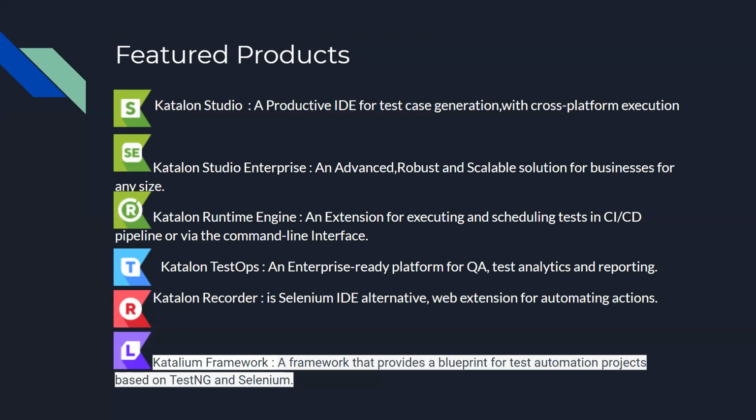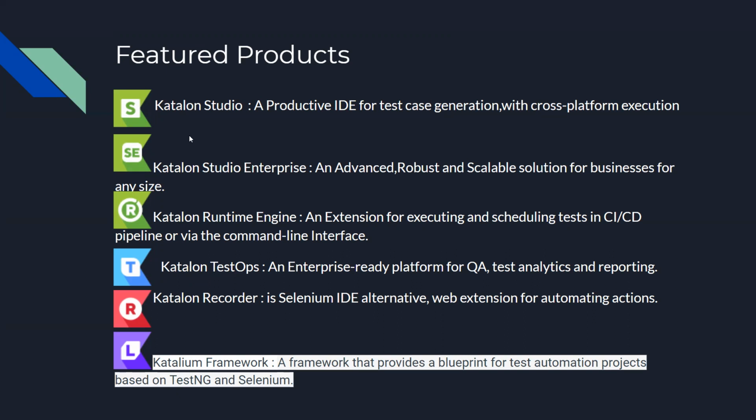Every beginner who is a manual tester and wants to jump into automation can start writing automation test cases from the beginning in Katalon Studio. It needs very little scripting. It also supports cross-platform execution. Once you write your script, you can execute it in different browsers.